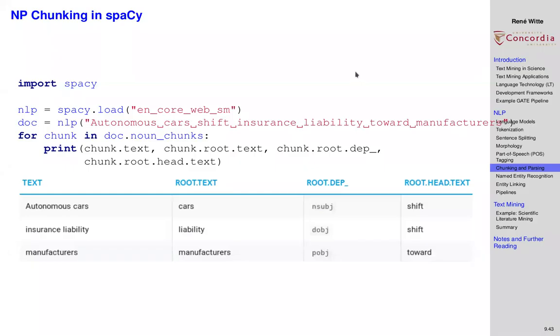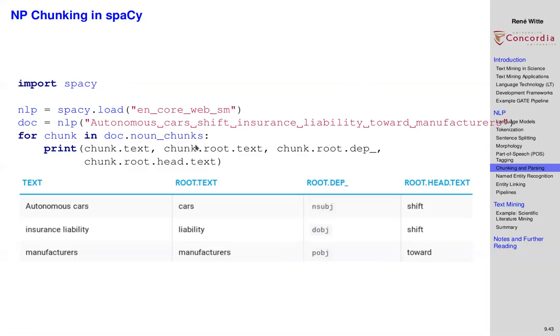So how do you do it in Spacy? So again, we have Spacy, we load our language model, we get an NLP pipeline, and this default pipeline already has a chunker built in. So again, we are processing a document, autonomous cars shift insurance liability towards manufacturers. Before, what we processed from the document is the tokens, but this pipeline also produces these noun chunks.